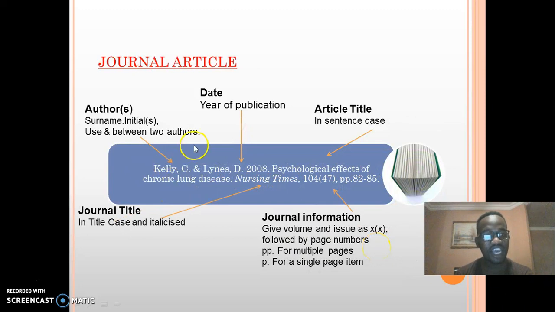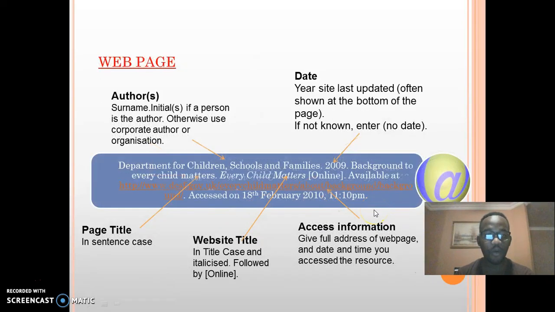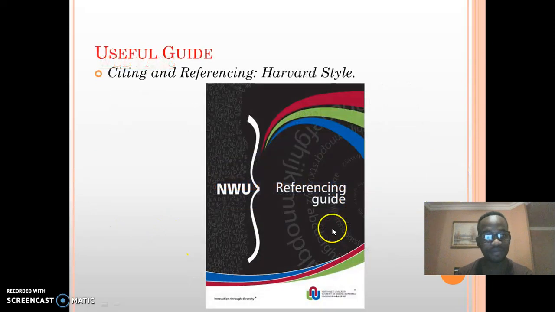Journal: author, date, article title, journal information. A journal has additional accessed information.